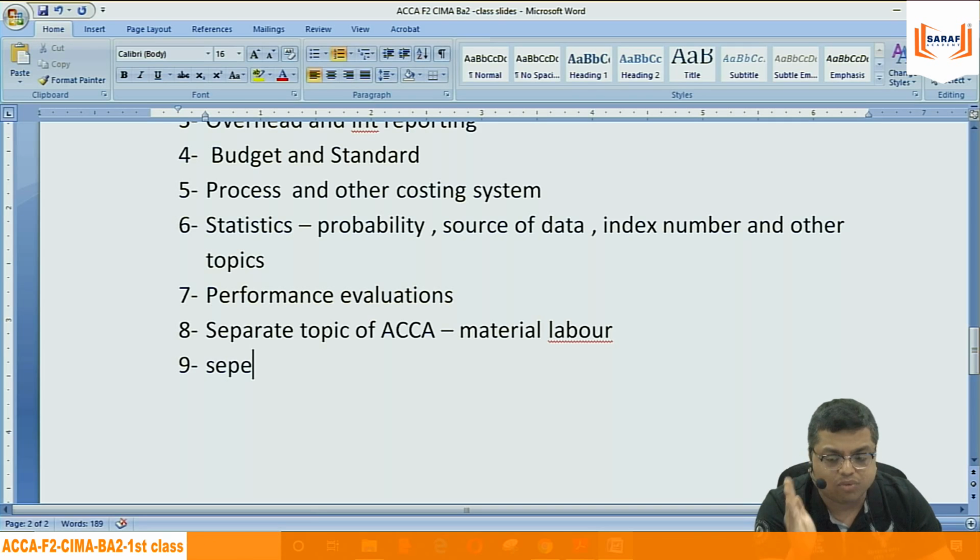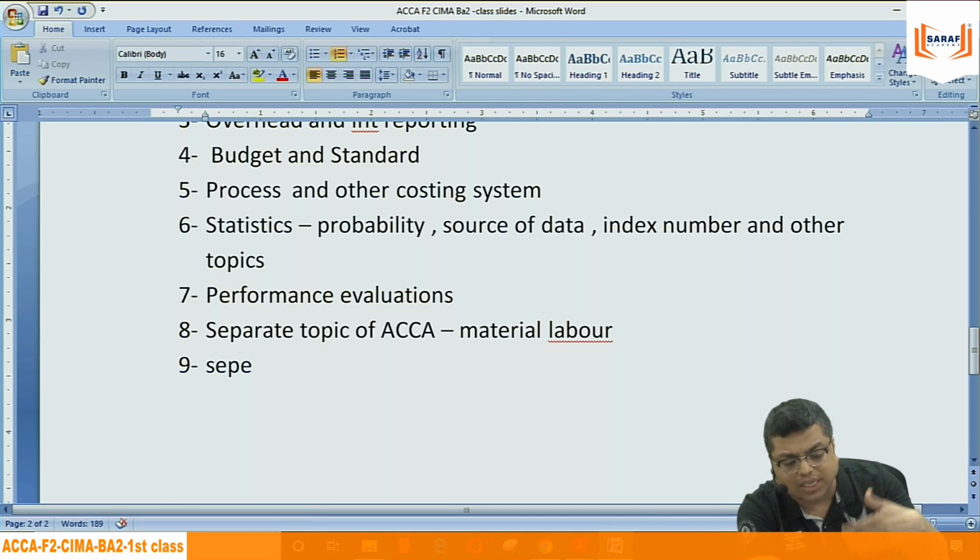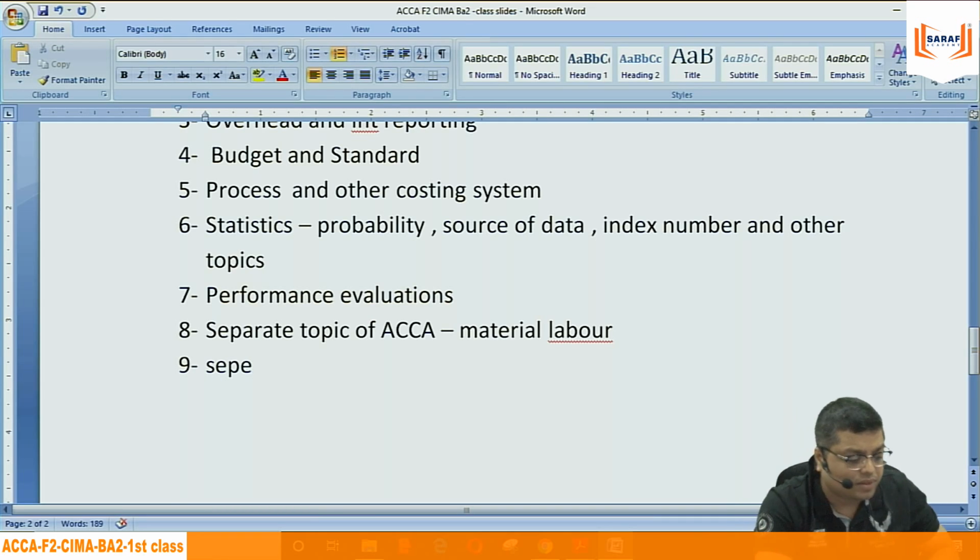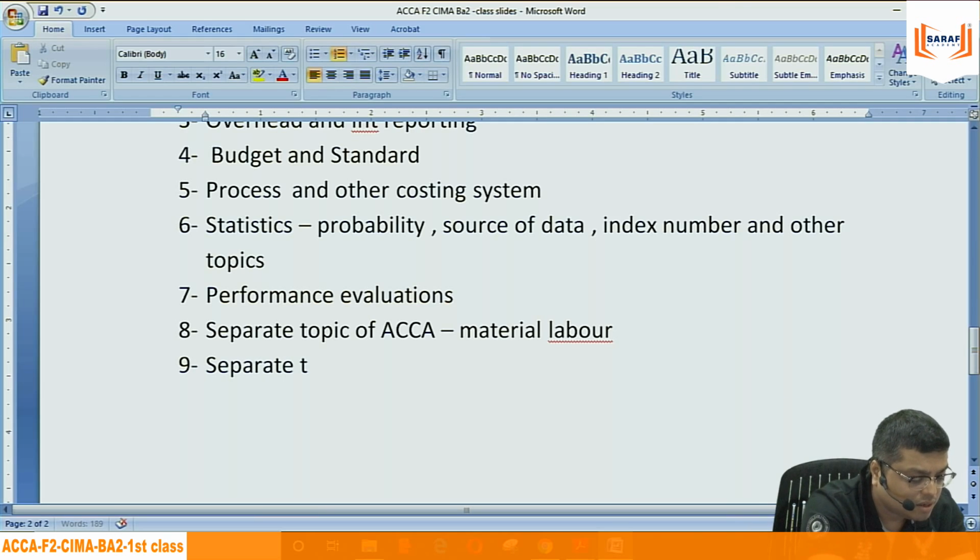In 1 or 2 classes I will be doing the separate topic of ACCA, and in 1 or 2 classes the separate topic of CIMA. Mock papers.